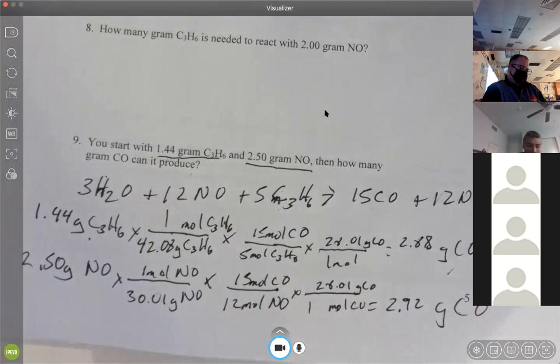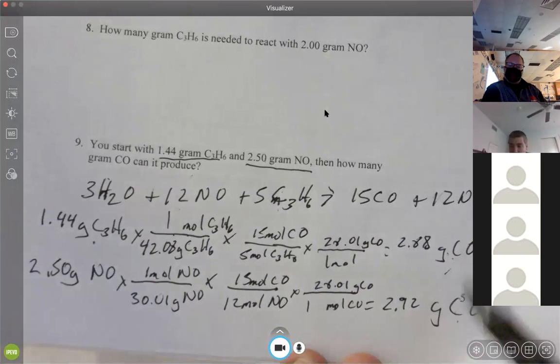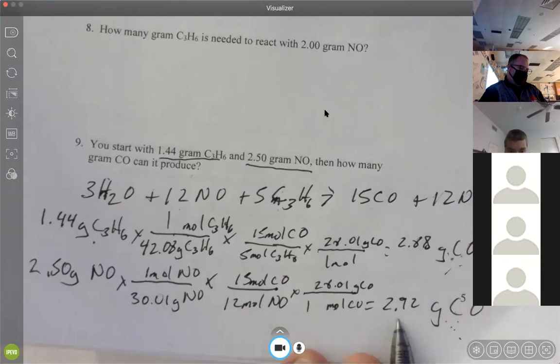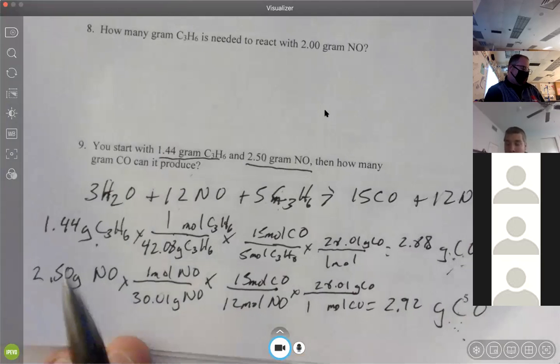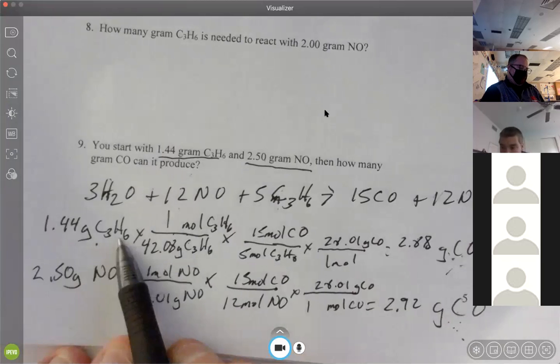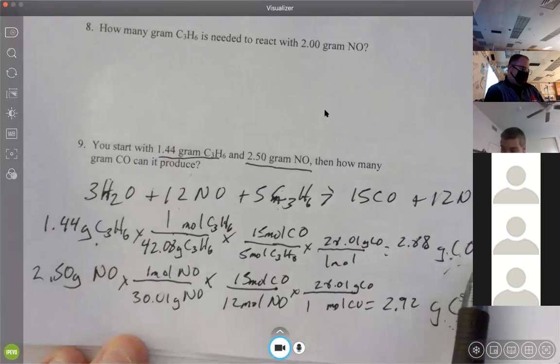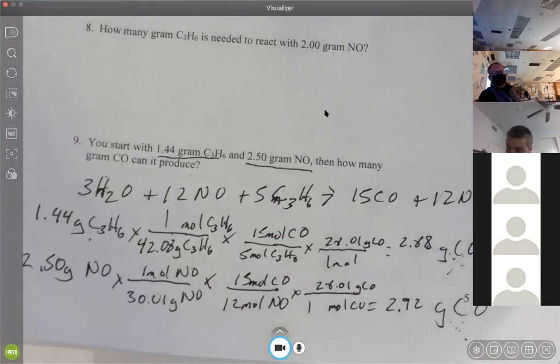Which of these amounts can we actually make? This much NO will make 2.92 grams of CO, and this much C3H6 will make 2.88 grams of CO. If we mix these two together, how much can we really make?